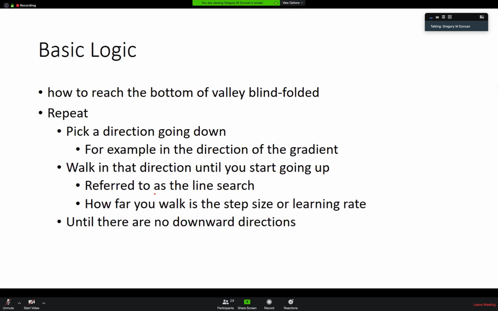So you're at that first point and you say, okay, I'm going up. Now I turn around and by stepping, figure out which is the direction going down. And I go that direction until I start going up again. And you have another step size or learning rate. And you keep doing that until no matter which way you walk, you'd be going up. And you say, okay, I found the bottom of the bowl.